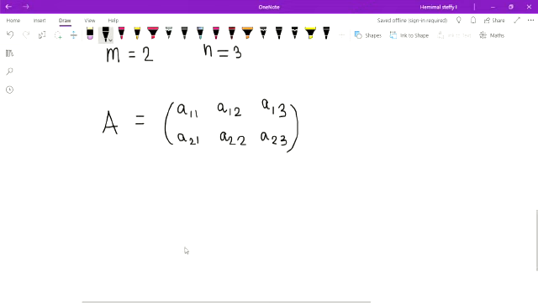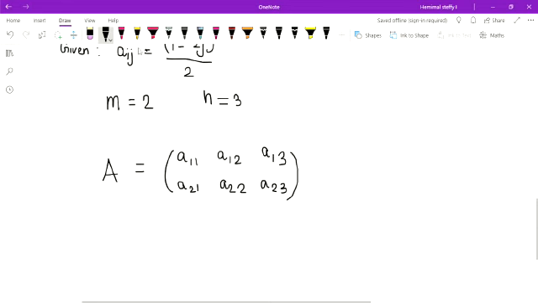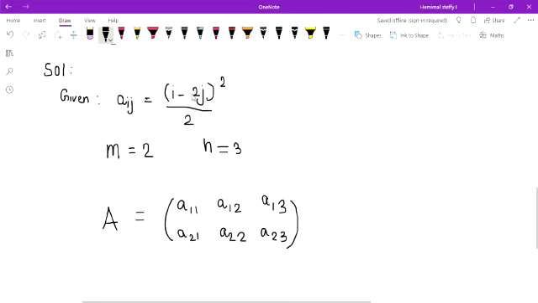Then here, what is the Aij? Aij is equal to (i minus 2j) whole square by 2. First I am taking the first element of the matrix, A11. Instead of i I will substitute 1, and instead of j I will substitute 1.